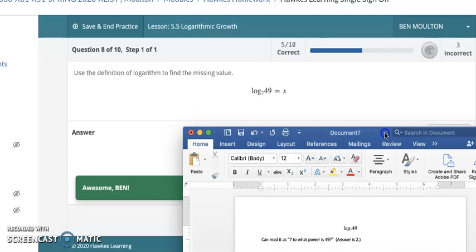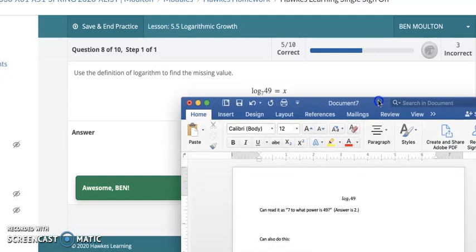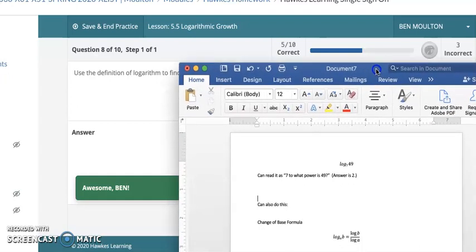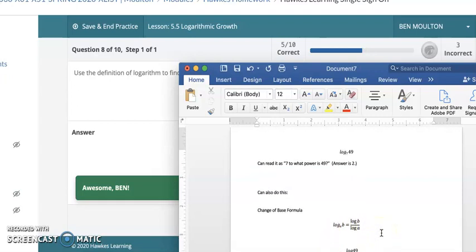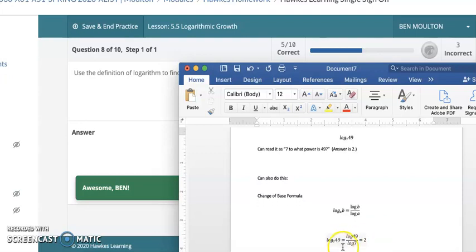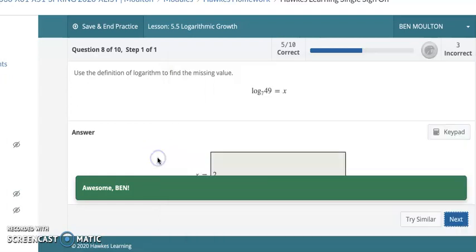All right, if you really want to, you can use what's called a change of base formula, where if you have the log base a of b, you can change it so you have the log of the big number up here divided by the log of this little base number down here. So in our case, log base 7 of 49 is the log of 49 divided by the log of 7. Bust that all out on a calculator, and you'll still get your answer of 2. So it's another way of looking at it.